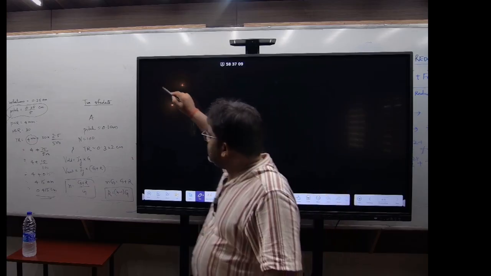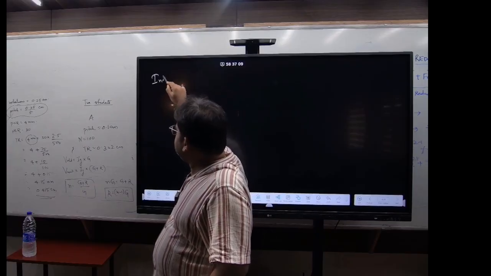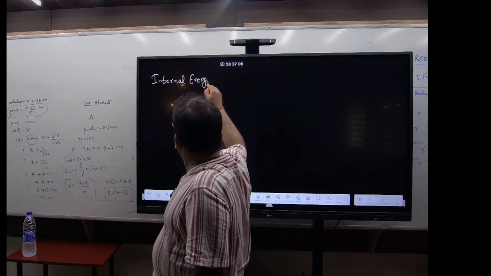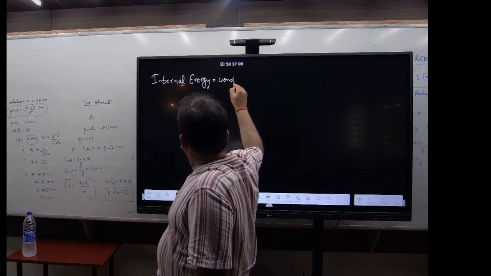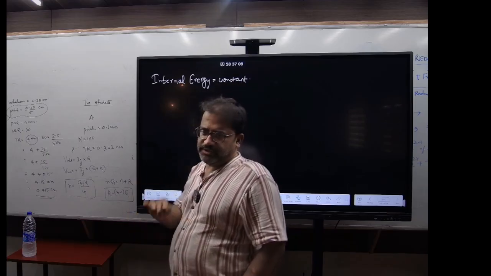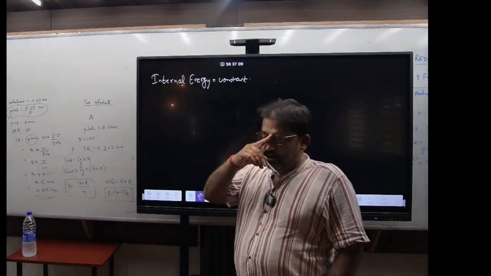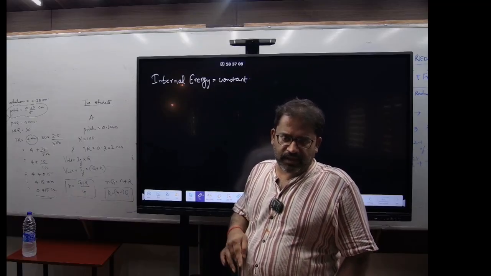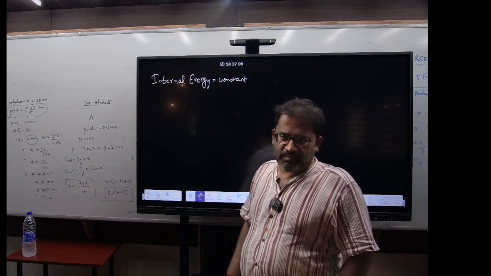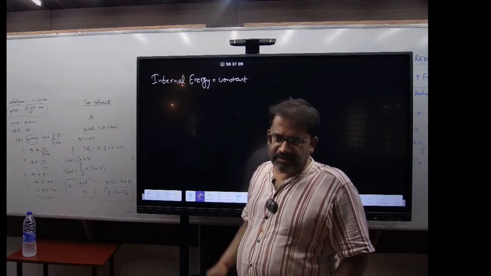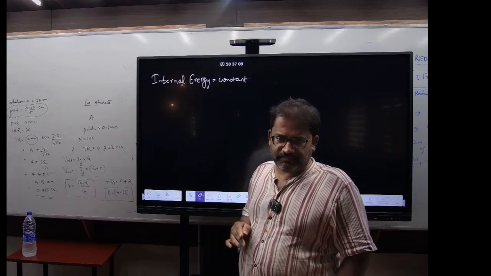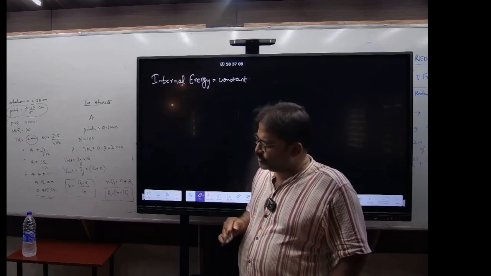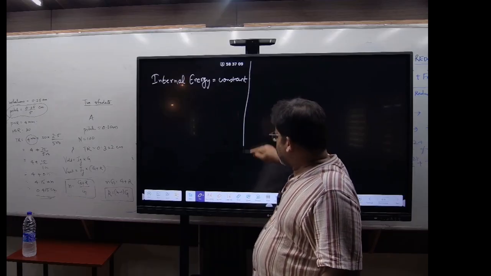So in that condition, internal energy will be constant, because the changes in internal energy will occur if and only if temperature is changed. But if temperature is maintained same, there is no change in the internal energy. So the right option is the fourth option. Okay.